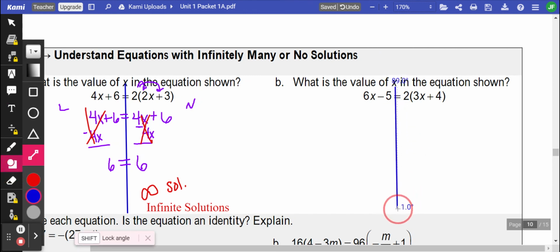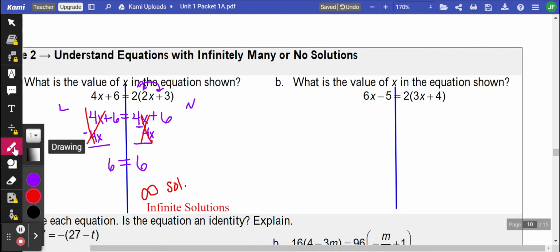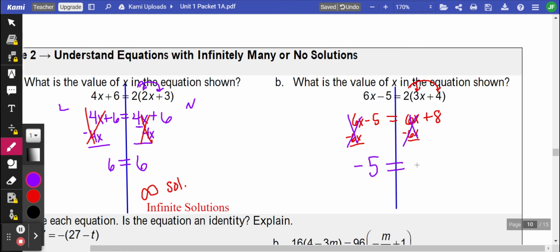When we draw our line through the equal sign and then distribute for this one, we end up getting 6x minus 5 equals 6x plus 8. This time, when I cancel my x's out by subtracting 6x from both sides, you'll notice that when they cancel, I end up getting -5 equals 8, which isn't true.